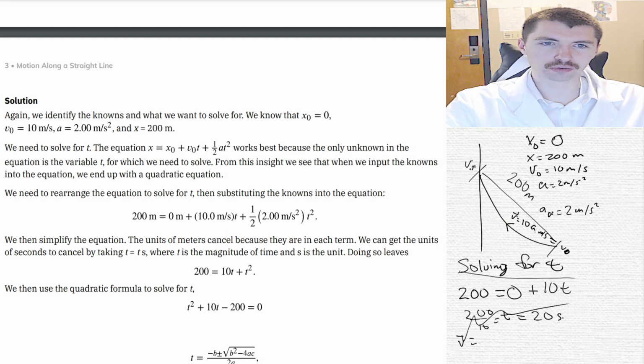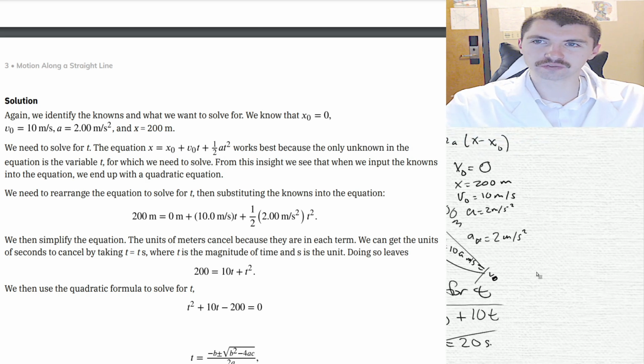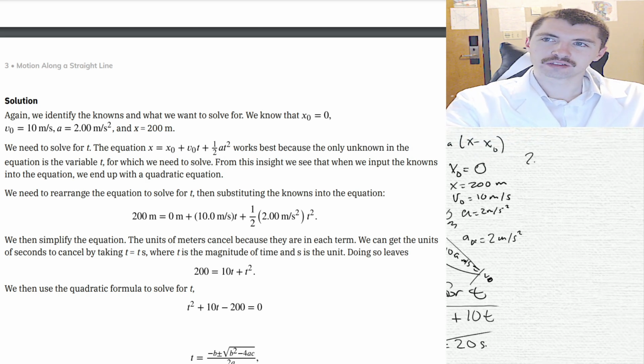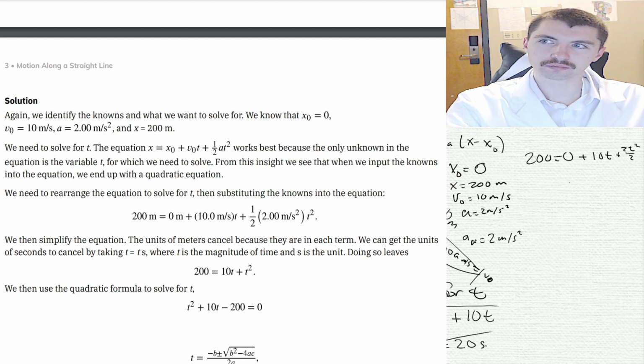And they're going to use that equation that looks very scary. So they're going to use 200 equals 0 plus 10t plus 2t squared over 2, which is 1, plus t squared. So we're going to get 20 equals t plus t squared.